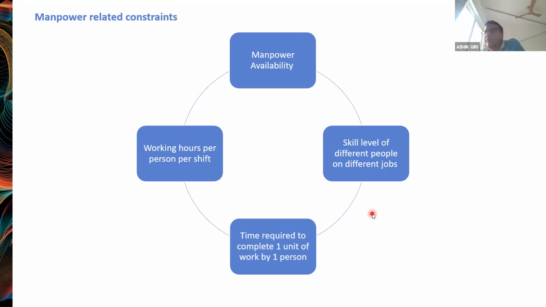If it's a 12-hour shift, working hours could be 10.5, because there would be some time for lunch break, restroom break, etc. Then the time required to complete one unit of work by one person, and the skill level of different people in different jobs. Some people might be more skilled for a particular job, less skilled for another job, and so on. These are some of the factors we need to keep in mind while building any model related to manpower optimization. We'll look at manpower optimization from a problem formulation perspective later on, but I just wanted to give you the background here.